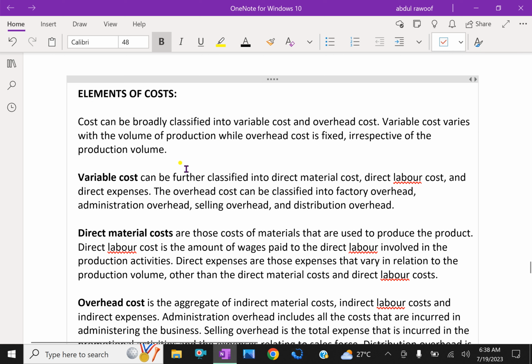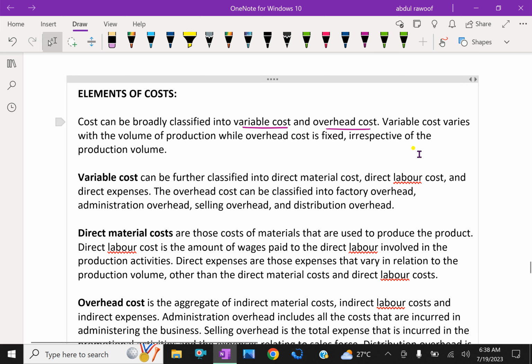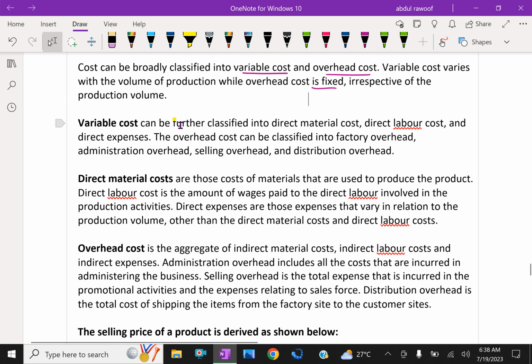Elements of cost. Cost can be broadly classified into variable cost and overhead cost. This is a basic difference. Variable cost varies with the volume of production while overhead cost is fixed, irrespective of the production volume. We'll discuss variable cost.